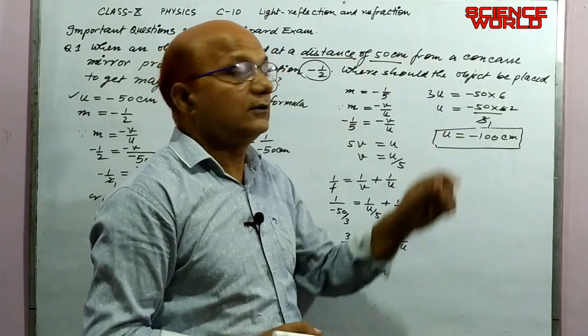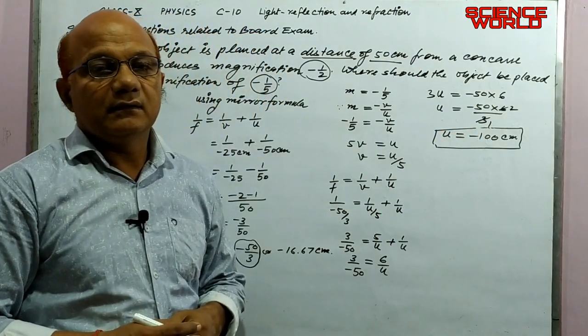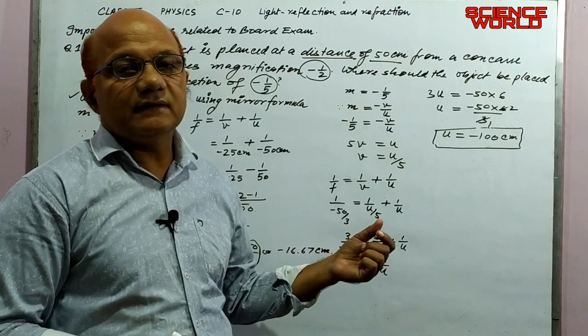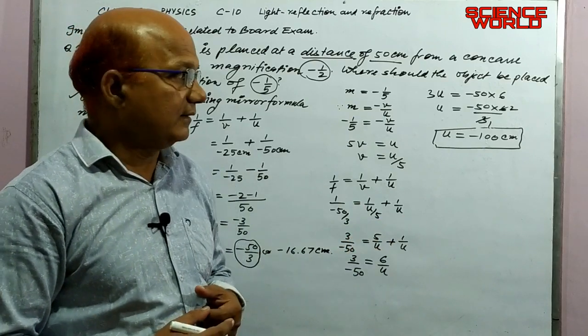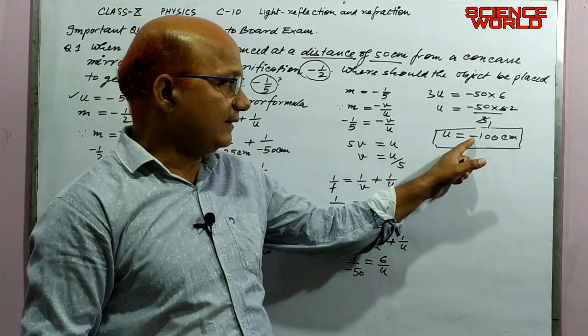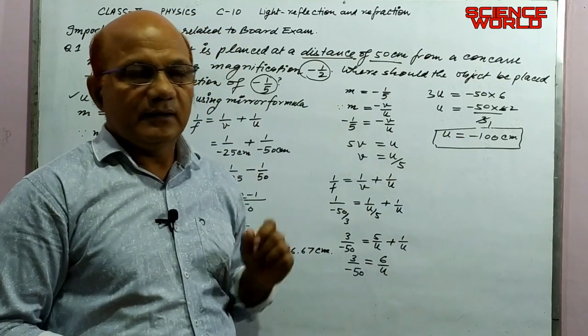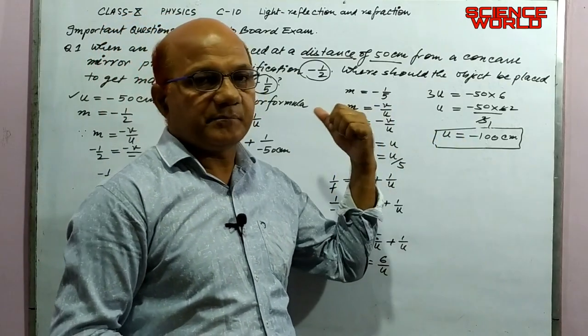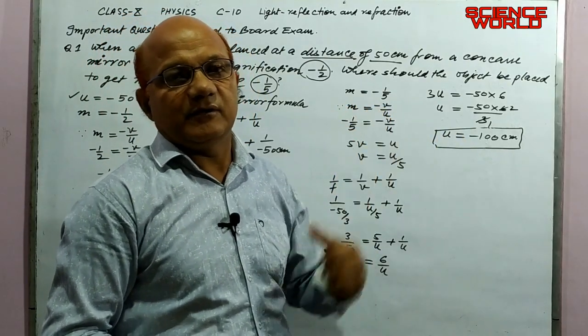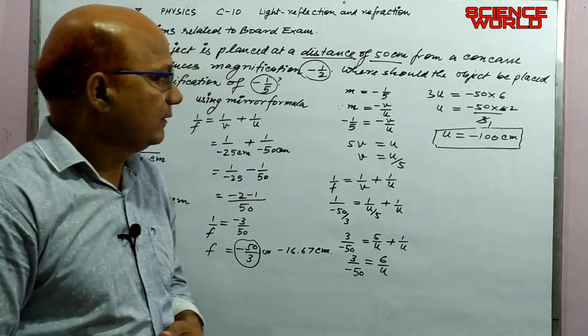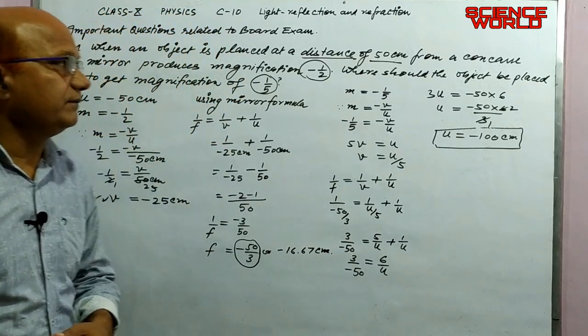Minus sign shows that the object is in the left side of mirror, because it is sign convention. It means the object is in front of the mirror, placed in the left side of pole. Okay. Now take a screenshot of it.